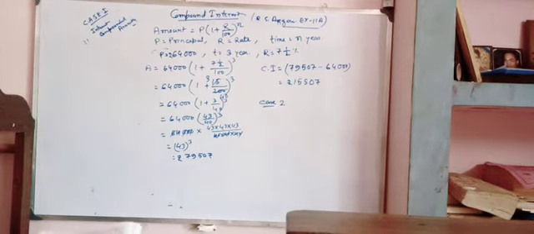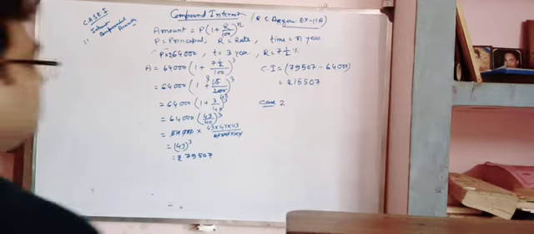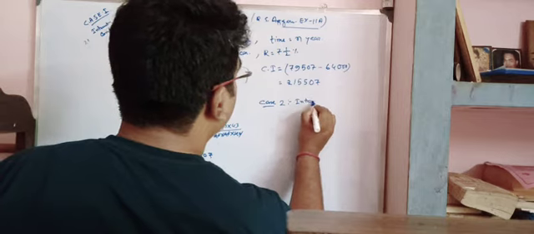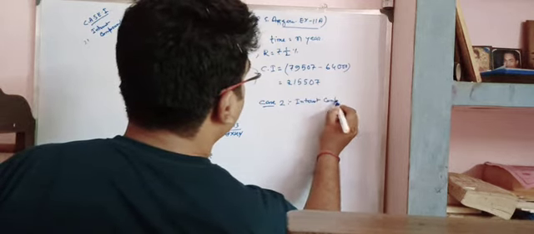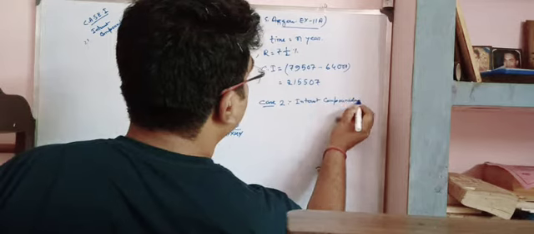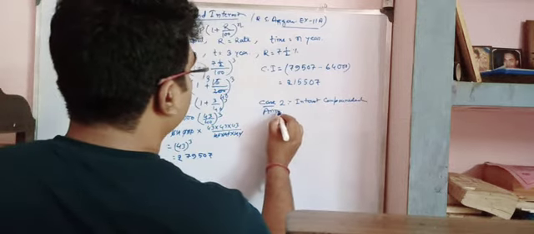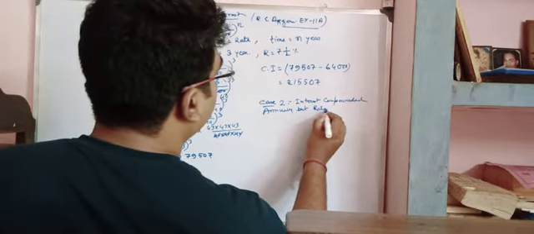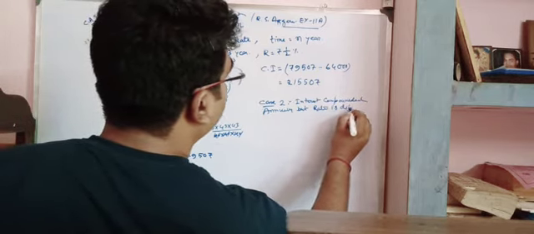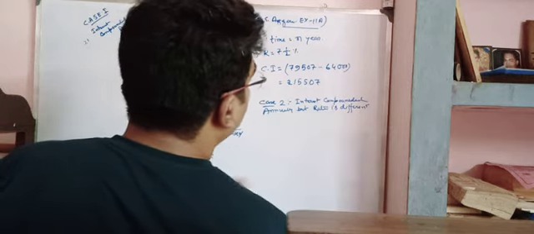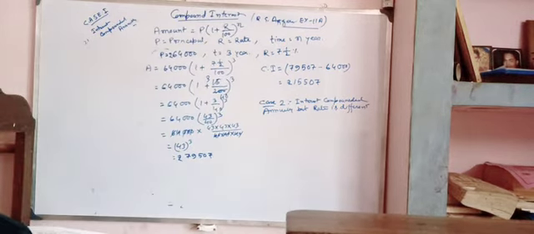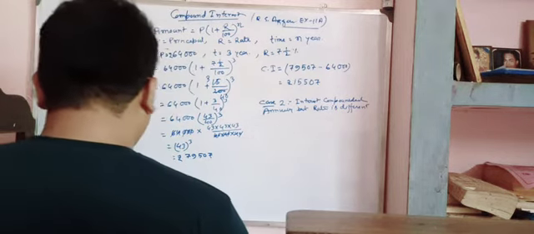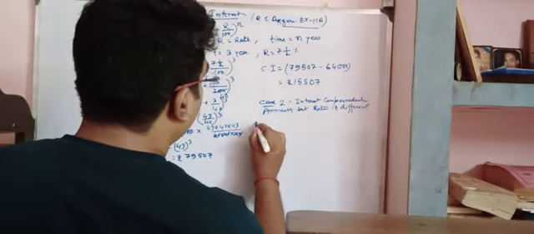Case 2 is when the interest is compounded annually but the rate is different. Then what is the formula? The formula for finding the amount.